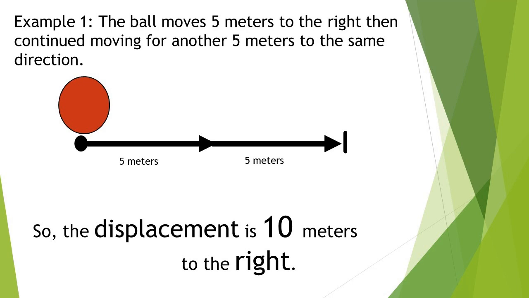Now we are going to measure it. 5 meters and another 5 meters. So the same. The magnitude is 10 meters. Now, what is its direction? It is going to the right. So we're saying the displacement is 10 meters to the right.